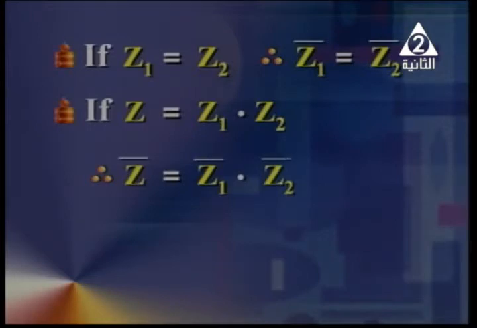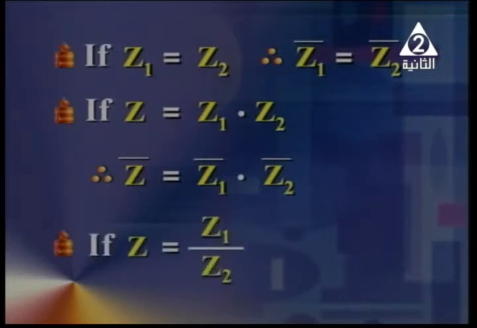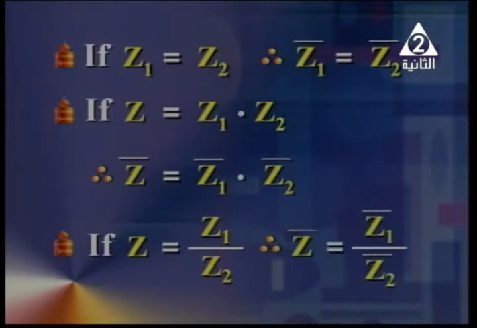If we have Z1 equals Z2, then their conjugates are equal. If Z equals Z1 times Z2, then the conjugate equals the conjugate of the first times the conjugate of the second. If Z equals Z1 over Z2, its conjugate also equals the conjugate of the first over the conjugate of the second.